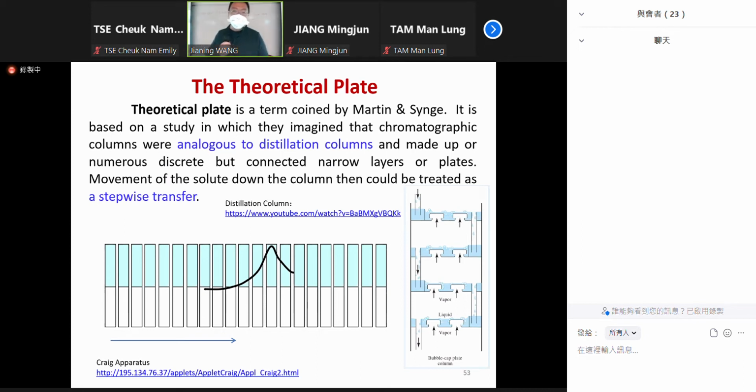We call it the plate theory, and we use the concept derived from the distillation tower. But in the column there is no plate, so we call it a theoretical plate. It is just an imaginary concept. But before that we should know what a real plate is.